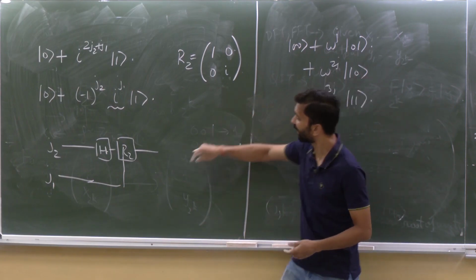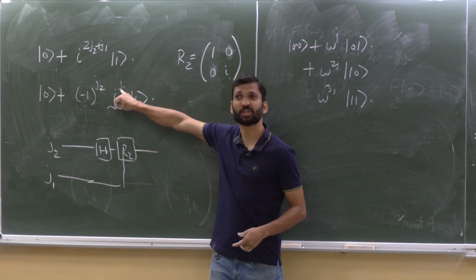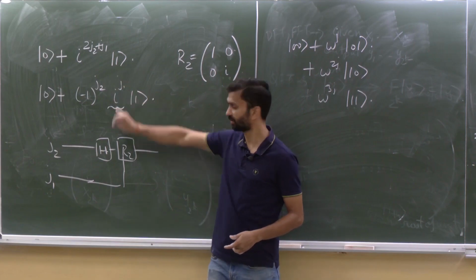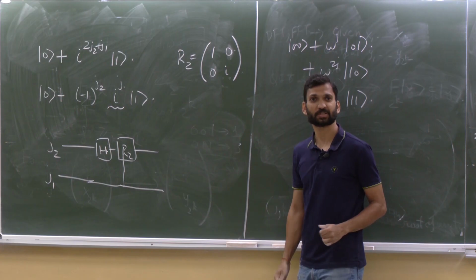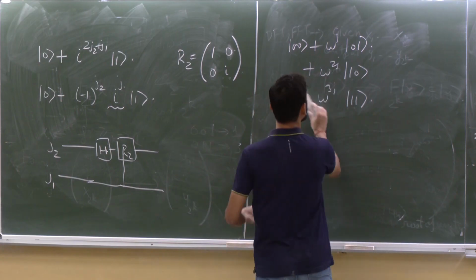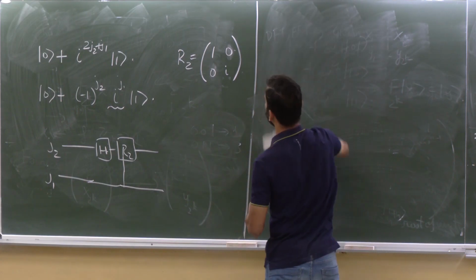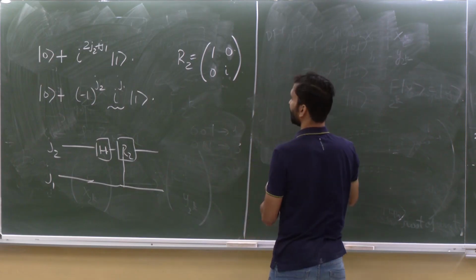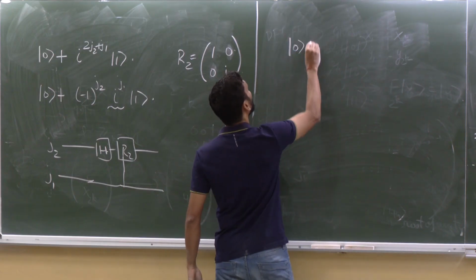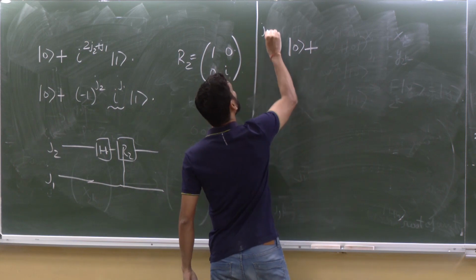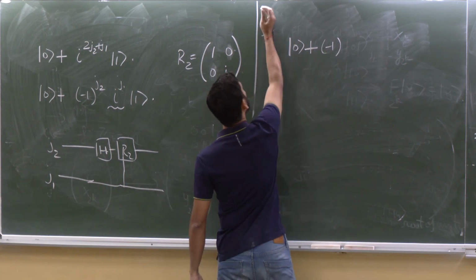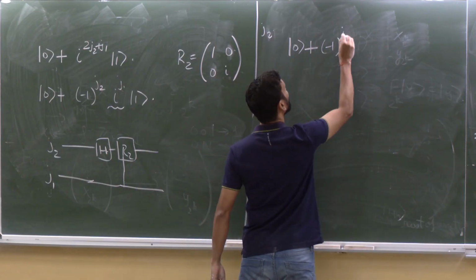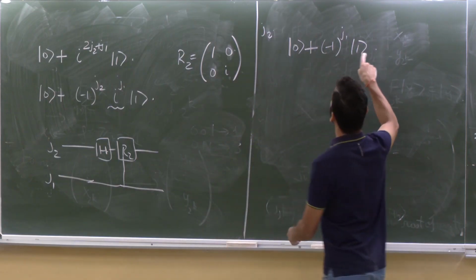But this one, I only want to apply if J1 is 1. This will execute this. How will I do this?